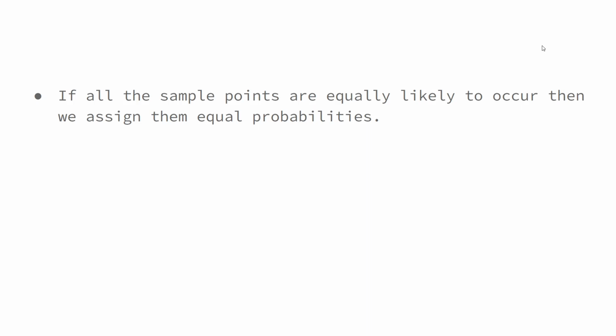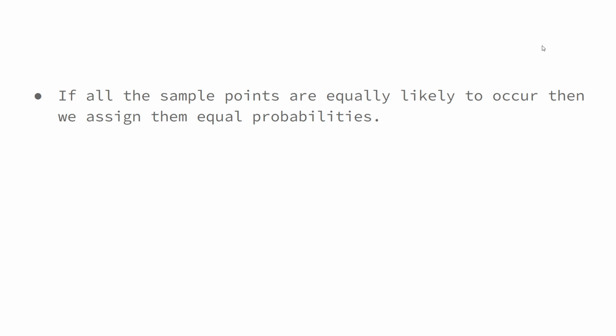If all the sample points are equally likely to occur, then we assign them equal probability. Now when you're playing a sport, it is never equal, anything can happen, right? But in some simple experiments, like tossing a coin, we know there's a 50% chance of getting a head and a 50% chance of getting a tail, right?